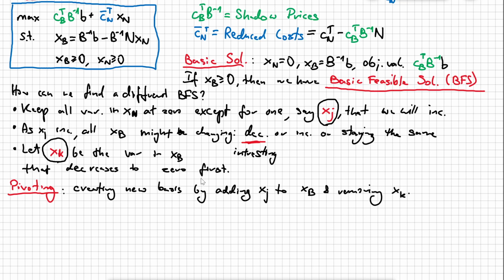So why is this interesting? Because notice xb is now a different basis, and that means it corresponds to a different basic feasible solution. And maybe it's a better solution. When would it be better?